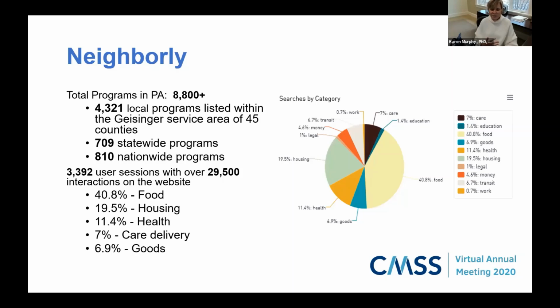I never would have anticipated that it would be that high. So food insecurity obviously is a real need in our communities. As I said, we do partner with food banks to serve that community need, but people were also looking for housing, health care delivery, and other goods on the Neighborly program. Next slide.